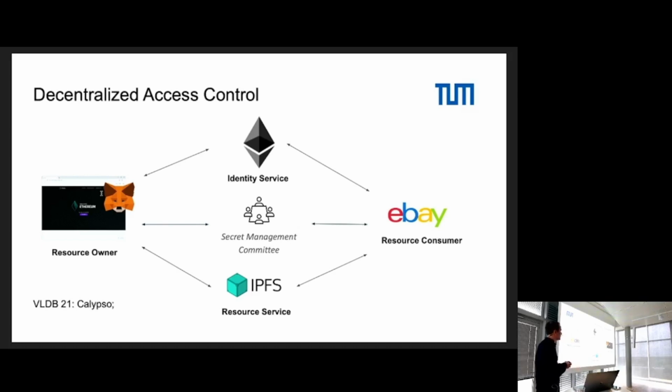The secret management committee monitors the smart contract, and only if there is a valid transaction posted to the blockchain will the secret management committee hand out their shares, such that eBay can reconstruct the decryption secret and then pull your data from the decentralized storage network and access your data.